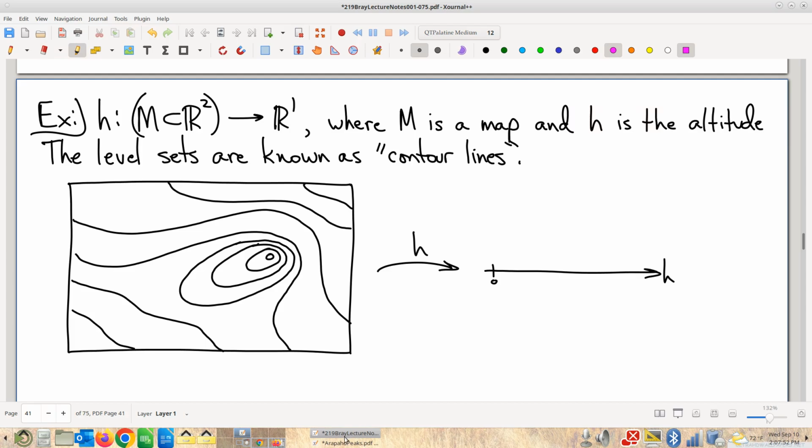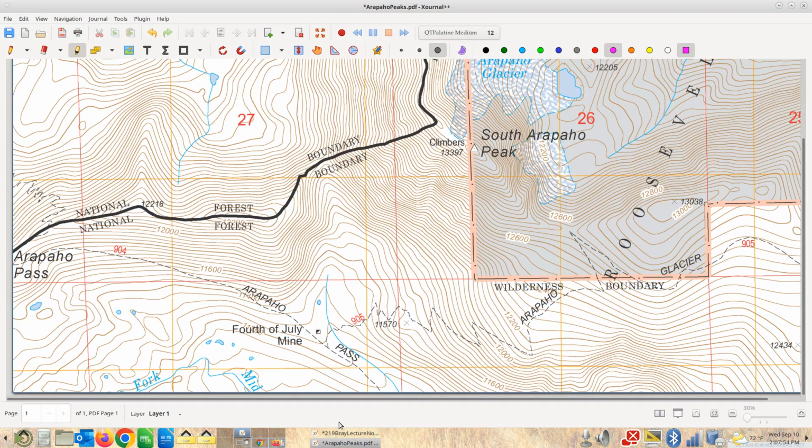Yeah, sure. While we're at it, let me go ahead and show you this one. So this is a real topographical map. By the way, there's just an endless supply of pretty cool topographical maps on some government website. I think it might be USGS, something like that. I'm seeing some nods.